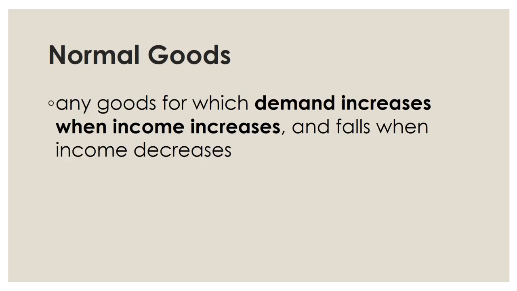But put this definition. Normal goods are any goods for which demand increases when income increases and falls when income decreases. In other words, just plain old normal everyday goods, which when you get more money, you want to buy more things, which is the opposite of inferior goods, which we'll get to later.